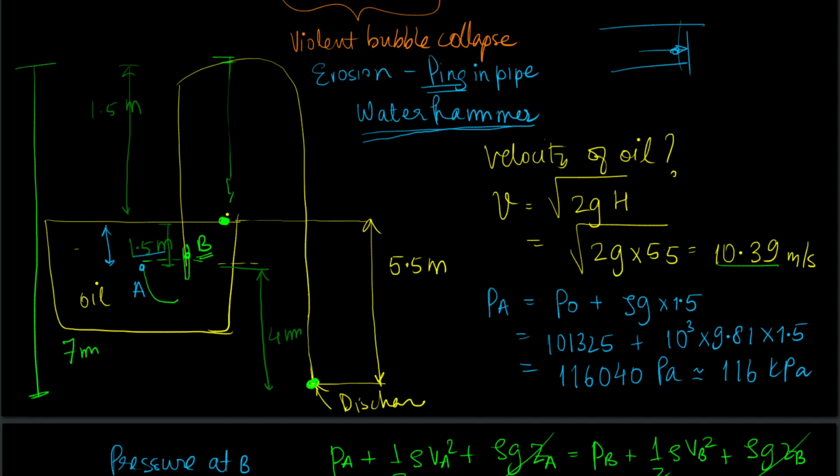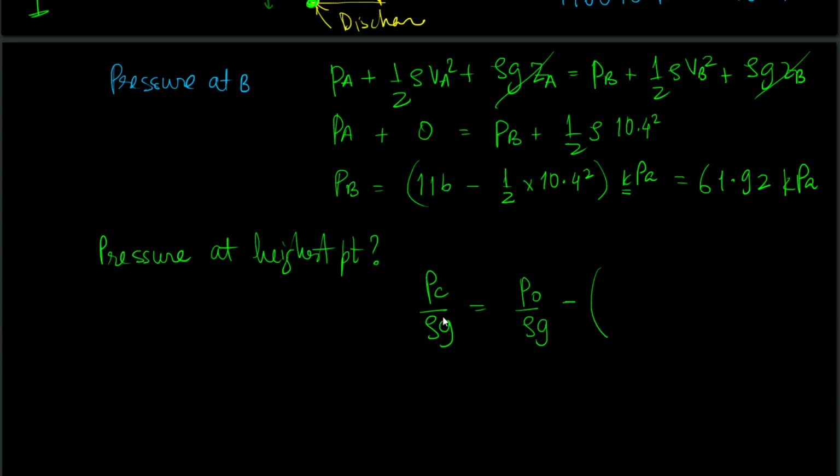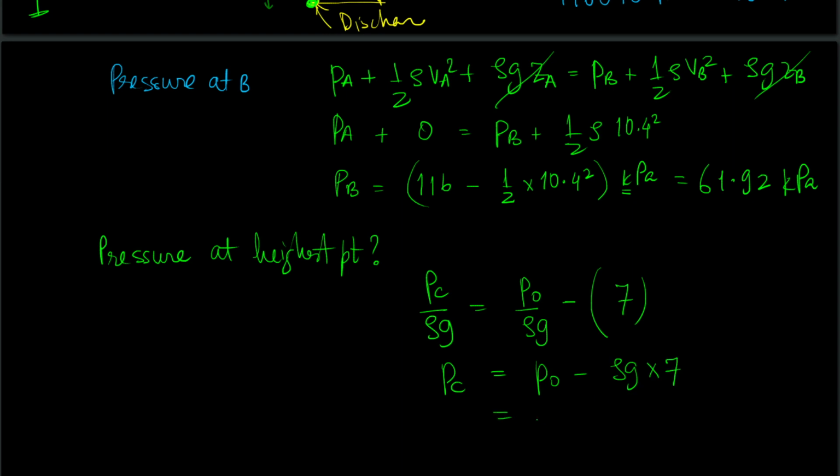The loss in pressure in going from the atmospheric condition at the interface to the condition at the highest point is going to be minus 7. So this Pc will be P0 minus rho g times 7. P0 is 101 kilopascal minus 7g, so this entire thing will be in kilopascal.